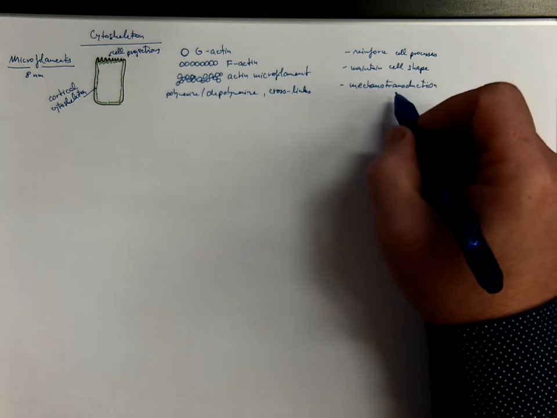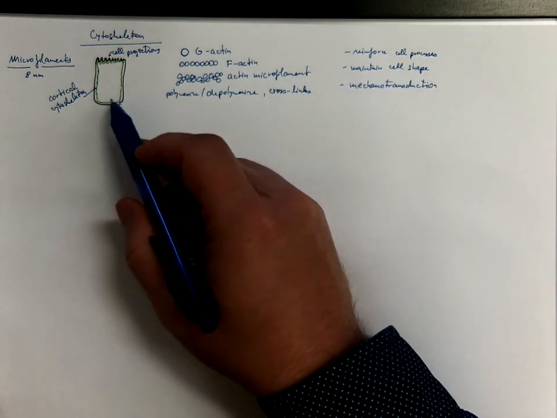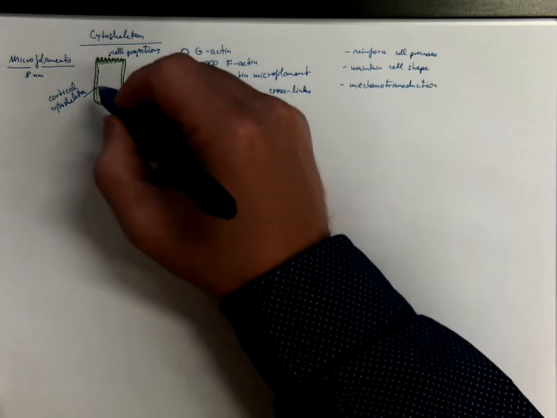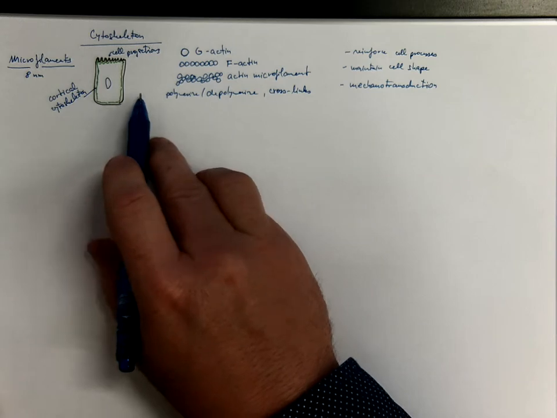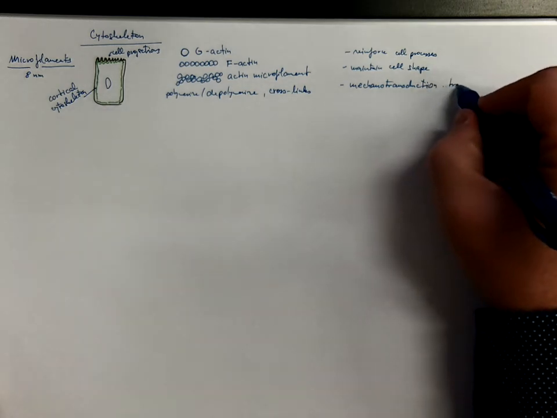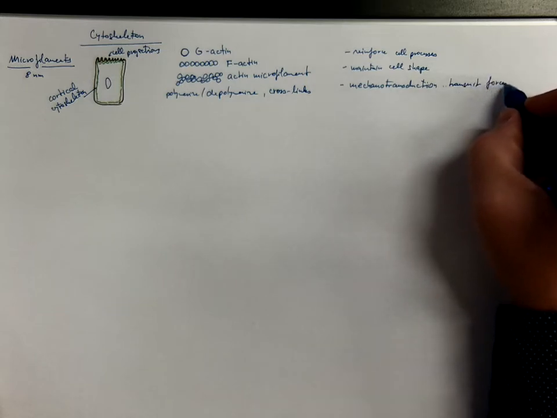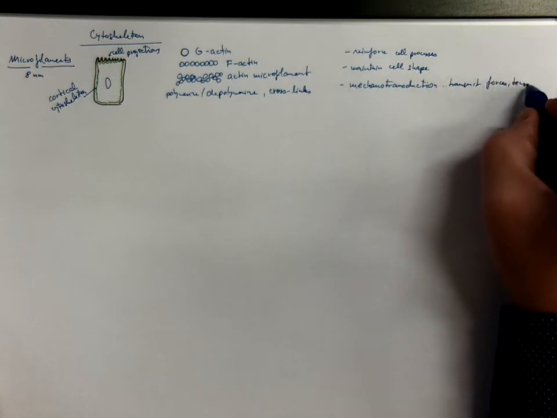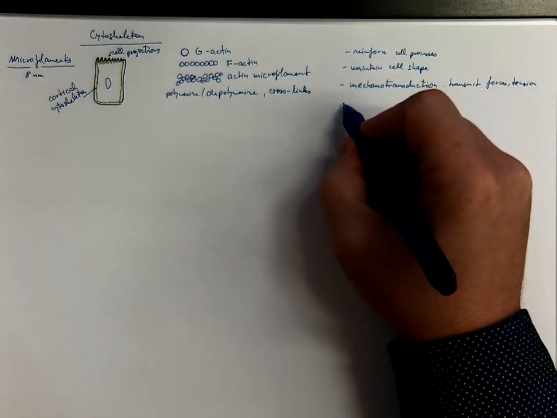which means they are transmitting external forces into the cell, because the cell can react to mechanical stimuli. So they transmit mechanical forces, tensions, pressure, etc. They maintain the cell shape.